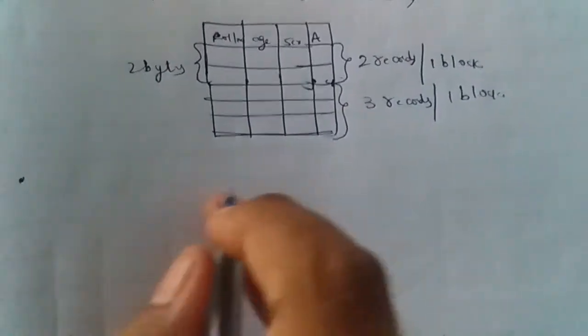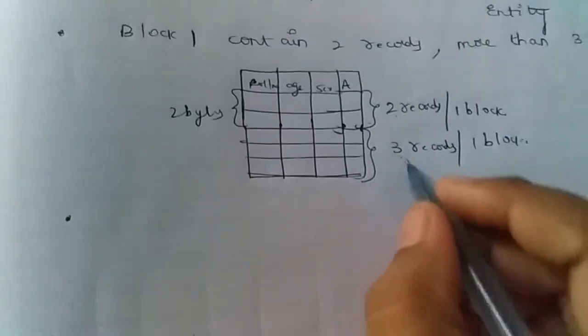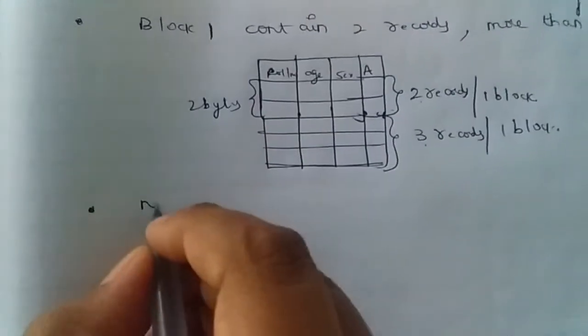The number of records in a block, we have to count, like 2 or 3 or 4. How many? We have to count like this.